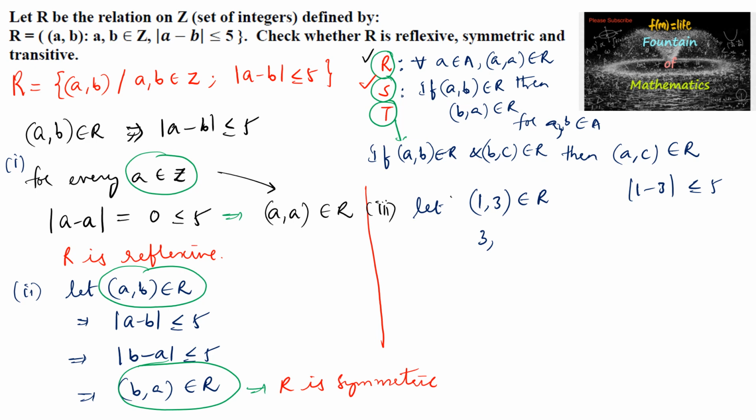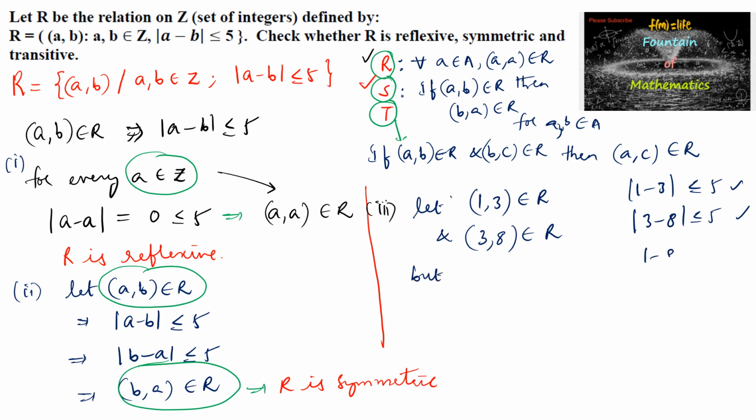And one more ordered pair, 3 comma 8, belongs to R, which implies mod of 3 minus 8 is mod of negative 5, which is 5, less than or equal to 5, which is also true. So 1 comma 3 satisfies the relation and 3 comma 8 also satisfies the relation.